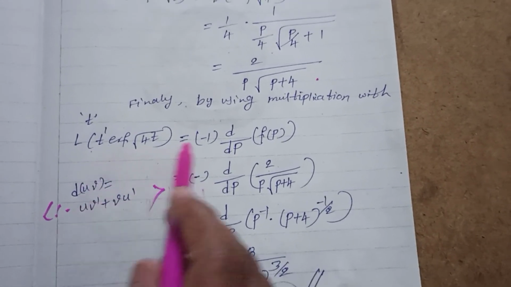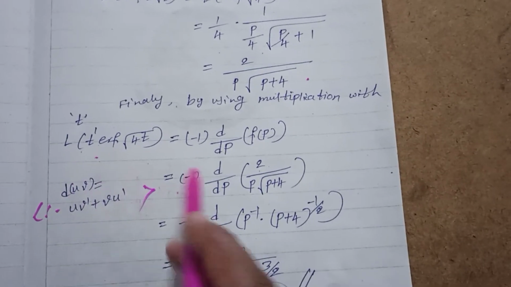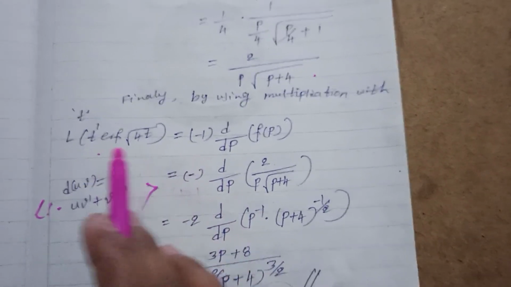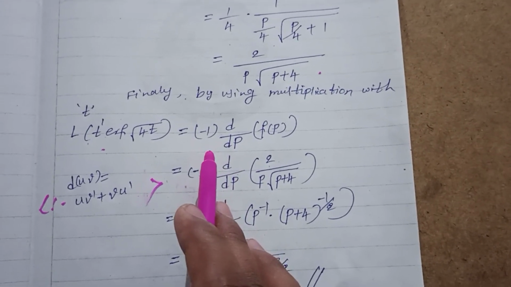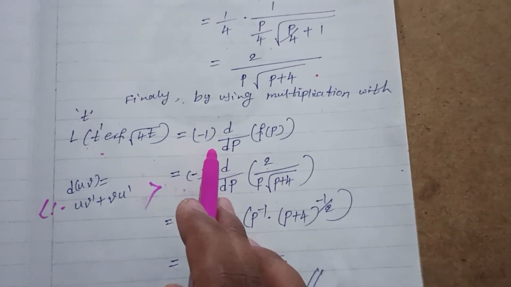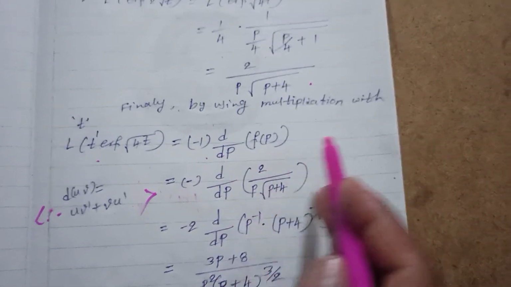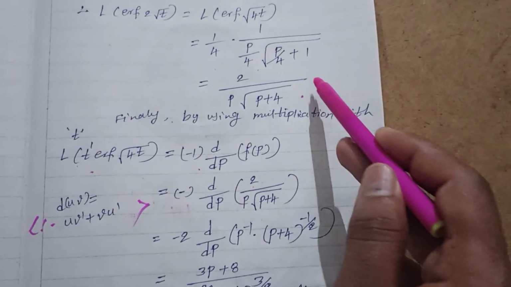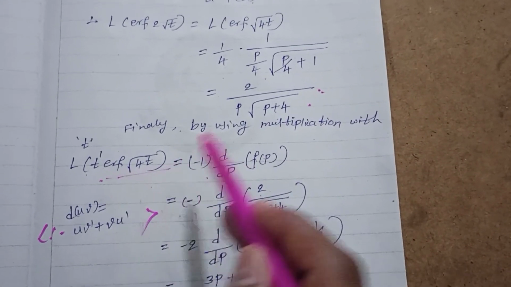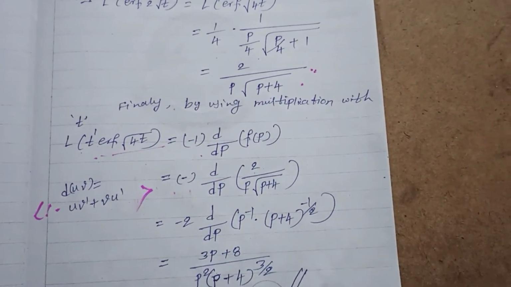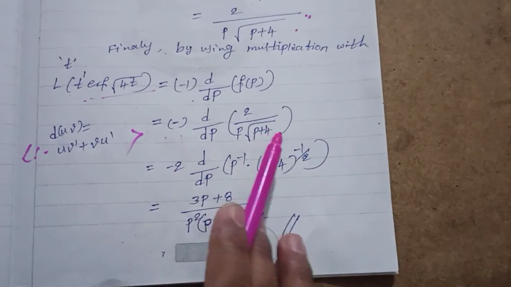That is by using the multiplication with t property. Here n is 1, so by substituting n equal to 1 we get minus 1 d by dp into f of p. Now we have to differentiate. 2 is a constant, taking it outside.